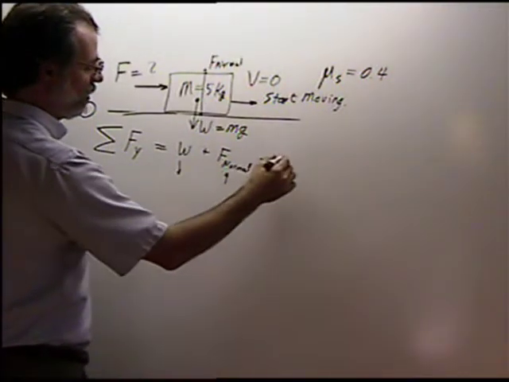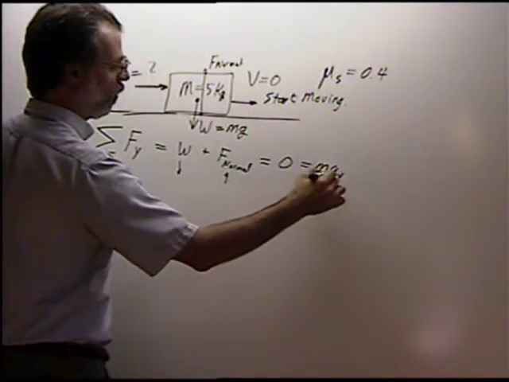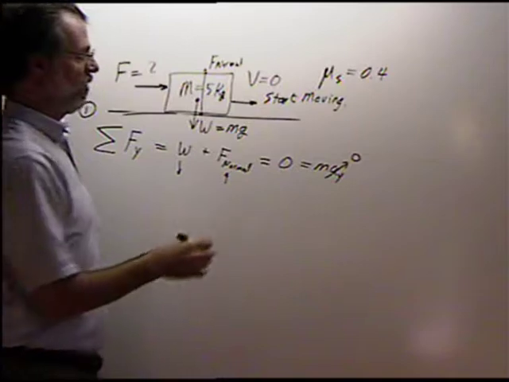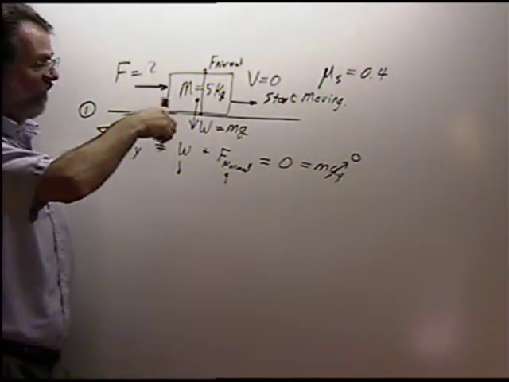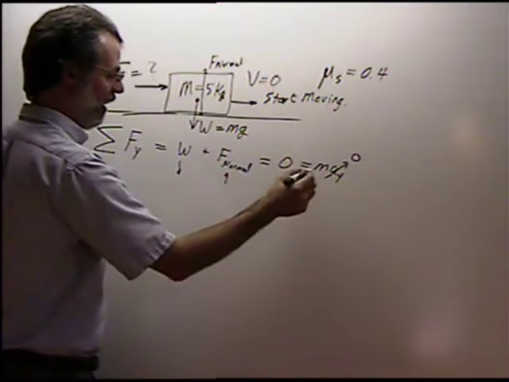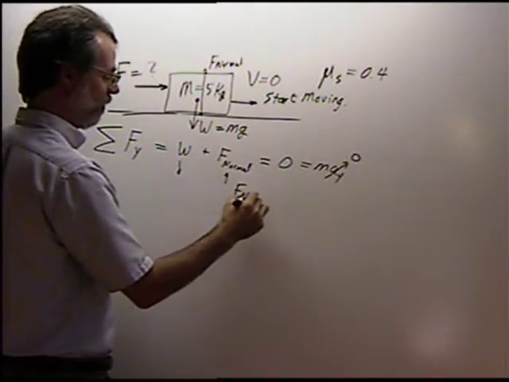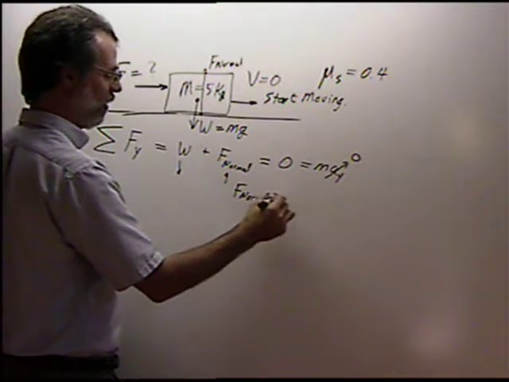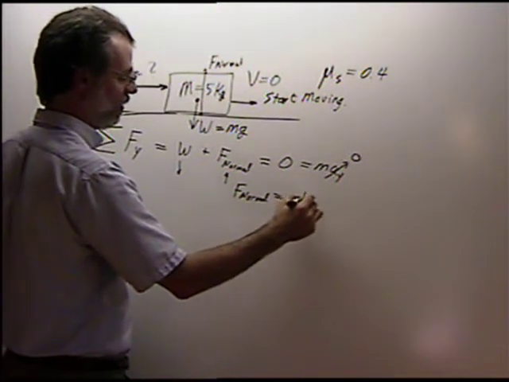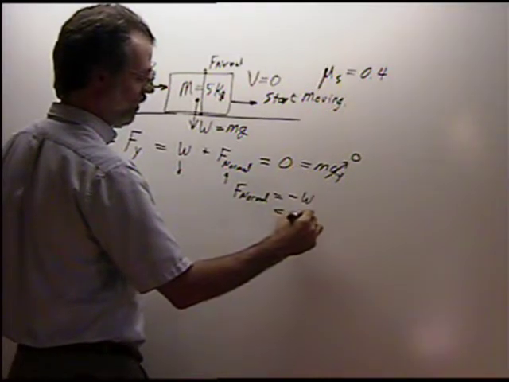And the sum of these is 0. We know it's 0 because the acceleration in the y dimension is 0. It's not moving up or down, only horizontal. So this tells us that the normal force is equal to the minus of the weight, which is mg.